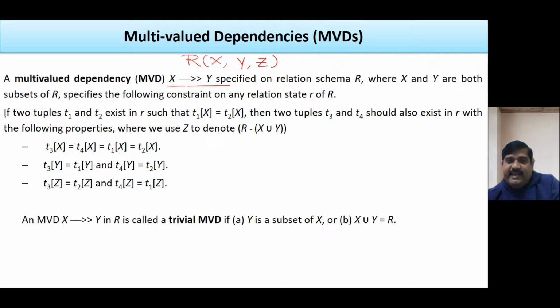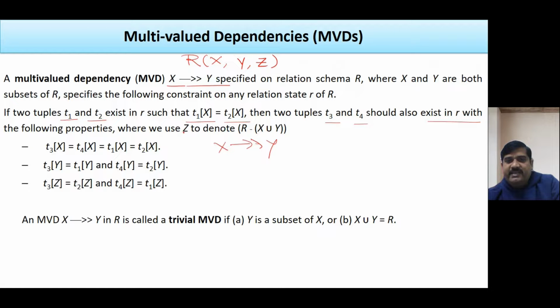Then only we will say that X multi-value determines Y. Now see, if two tuples T1, T2 exist in R and T1 of X equals T2 of X, then another two tuples T3, T4 should also exist in R with the following properties.